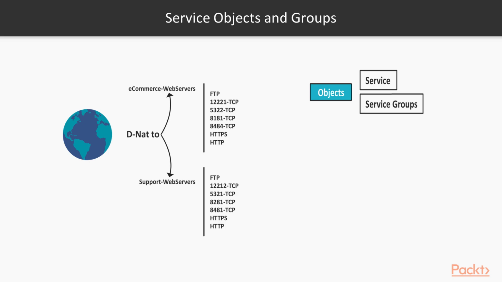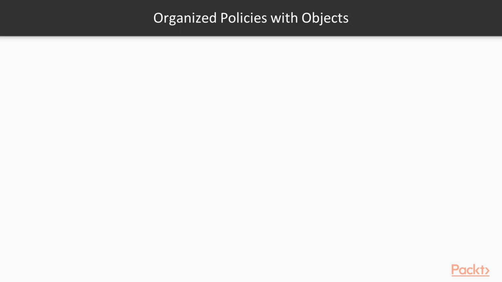Let's take a look at this, and it's going to be very familiar. It's basically the same approach as the address objects, but we're going to add a little bit more understanding of how we can add those objects and use them efficiently. Again, similar to the address object video, our previous video in this section, in service objects and groups, we're going to be creating service objects.